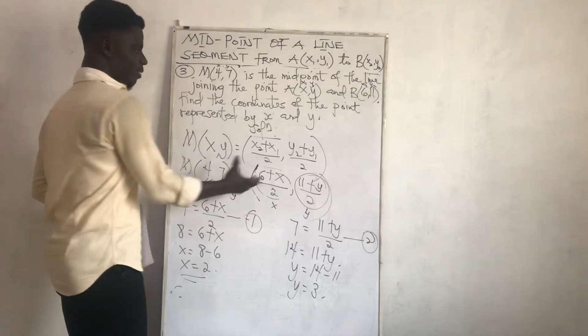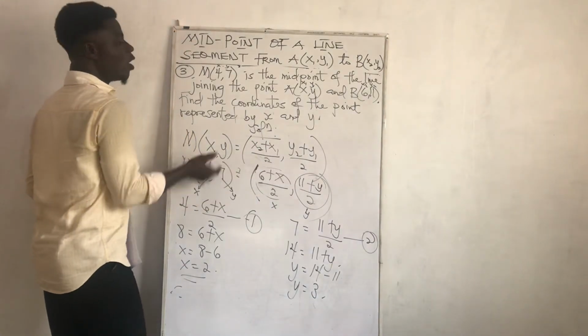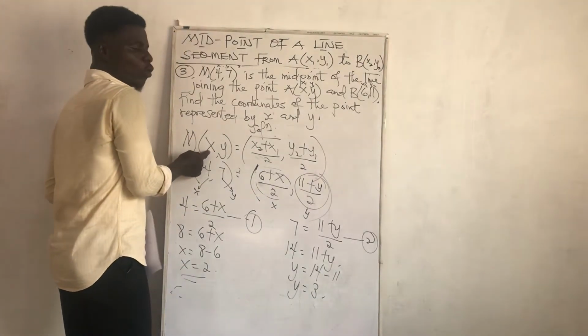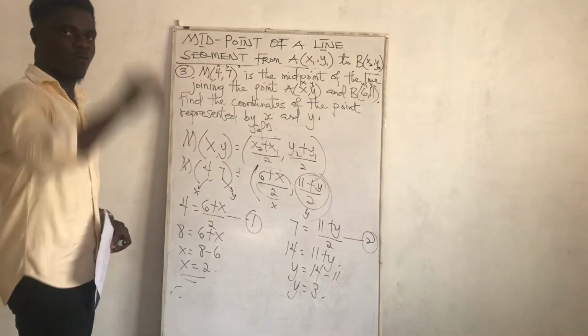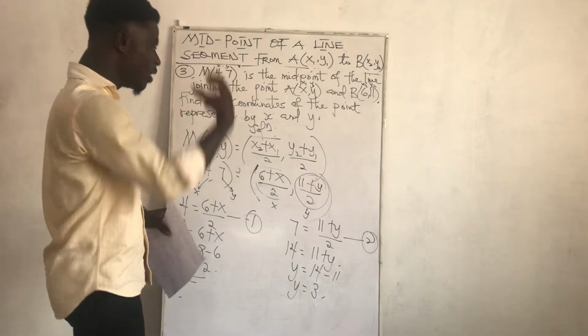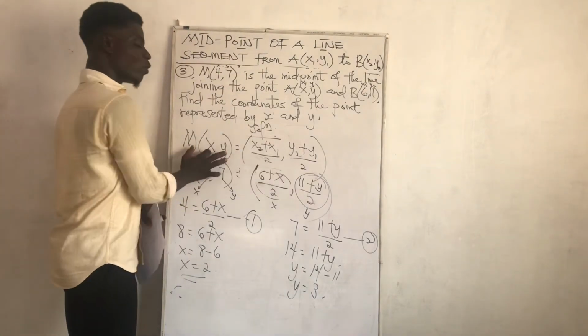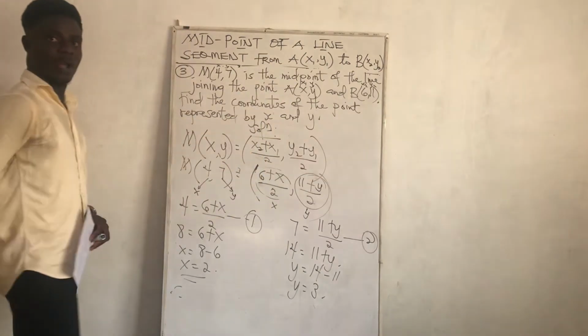We deduce this from that, right? So we know that this is the x coordinate and is equal to this (x2 + x1)/2 from our formula. Then this y is that, right?